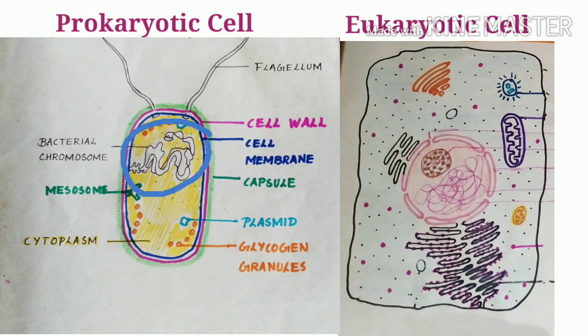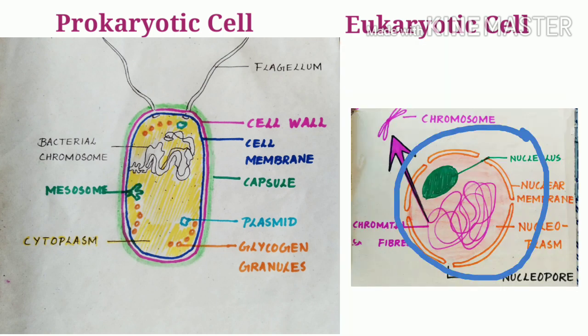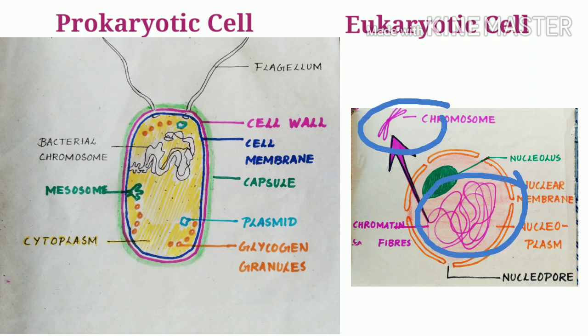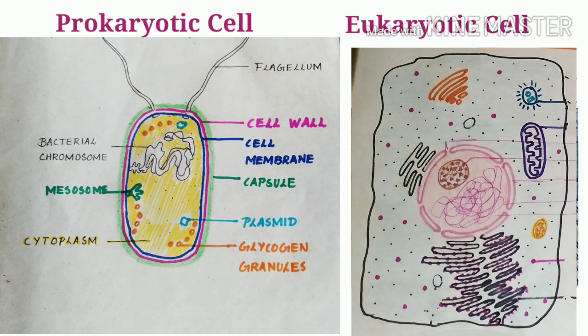A prokaryotic cell has no well-defined nucleus, whereas a eukaryotic cell has a well-defined nucleus with a nuclear membrane. A single length of only nucleic acid is found in prokaryotic cell, whereas in eukaryotic cell, several lengths of genetic material called chromosomes containing DNA are found.